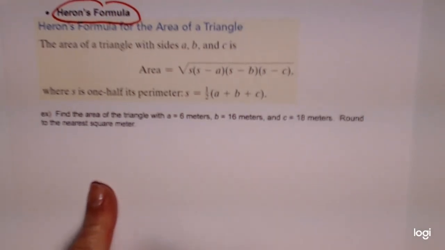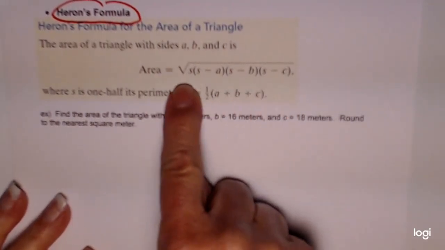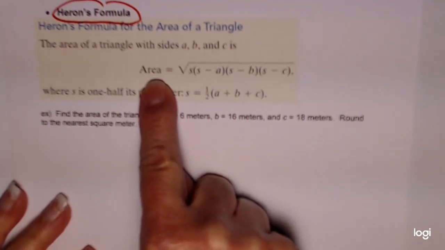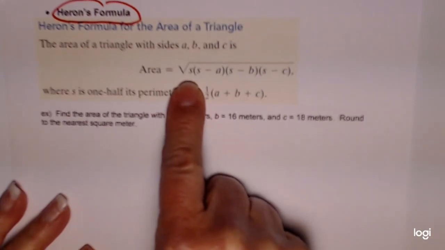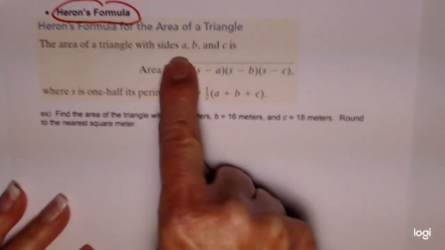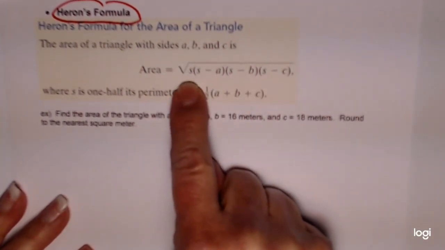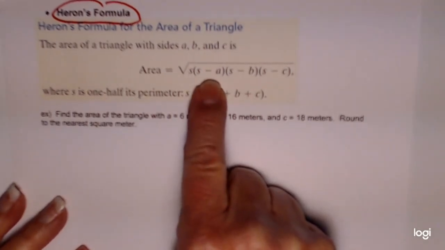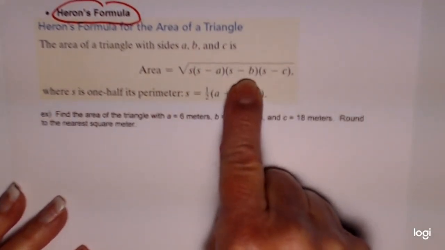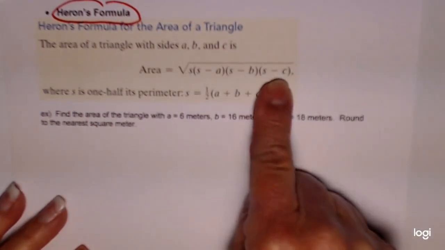The formula for finding the area using Heron's formula says the area of the triangle is the square root of this thing called S, and now A, B, and C are the lengths of the sides of the triangle, so it's going to be S times S minus the length of one side, S minus the length of a second side, and S minus the length of the third side.